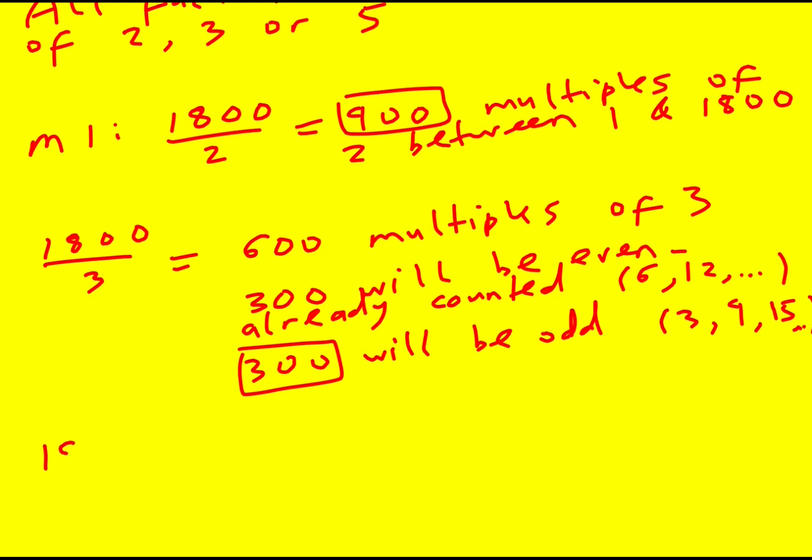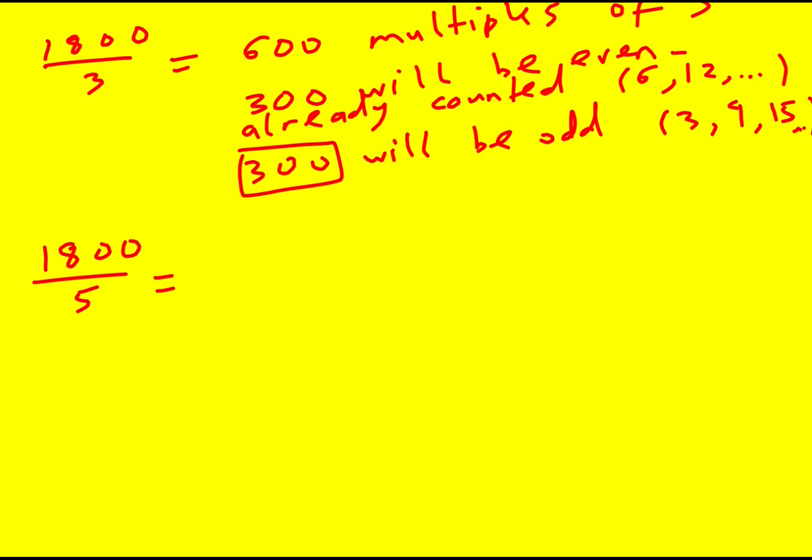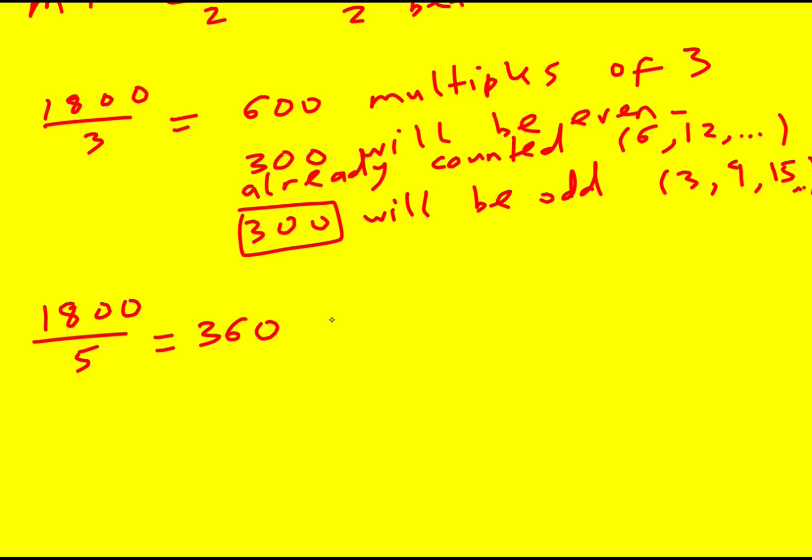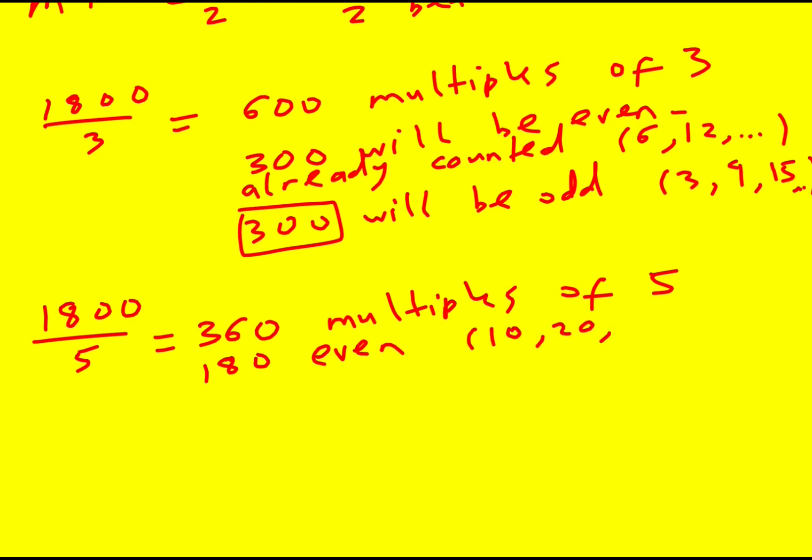Finally, I've got 1,800 divided by 5. I divide by 10 to give 180 and times by 2, 360. But now some of these are going to be even. Actually, half of them are going to be even. So 180 are even, things like 10, 20.